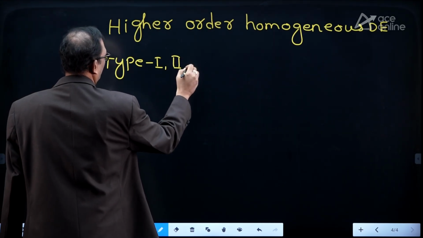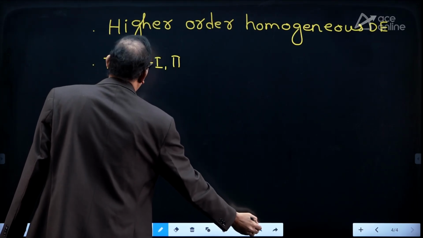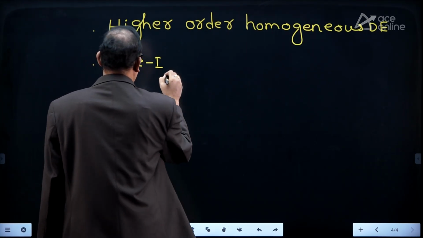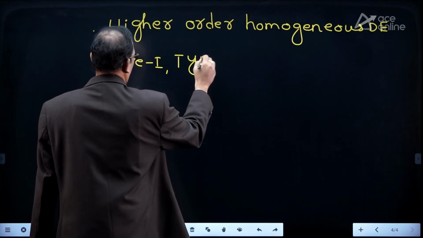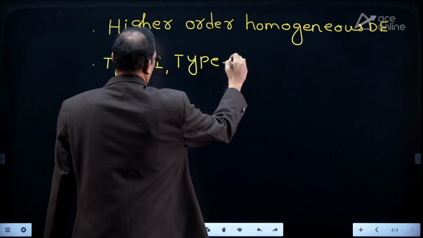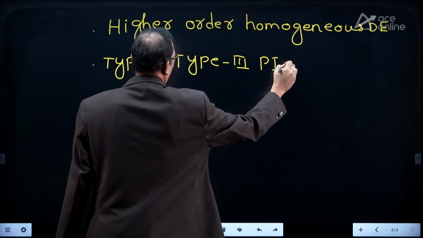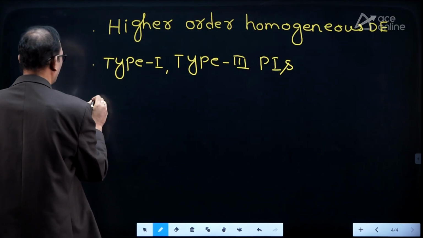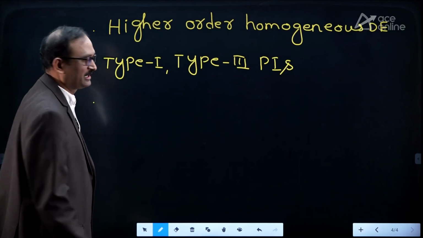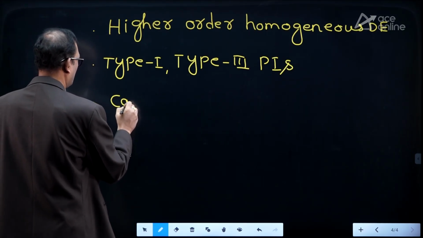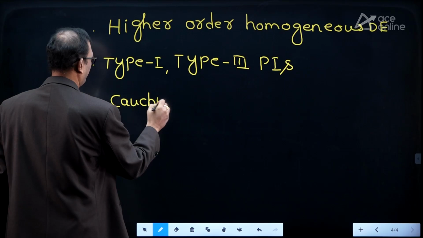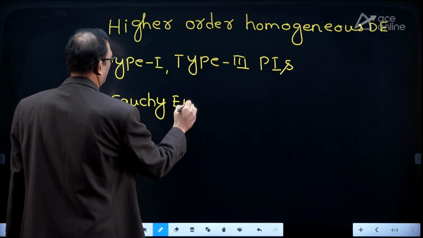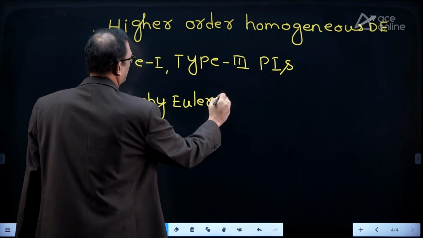Type 1, type 3 particular integrals. Type 1 and type 3 particular integrals. Next, Cauchy-Euler equations.